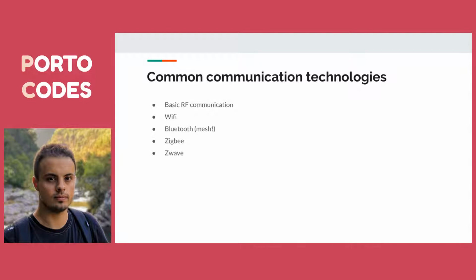If you have a house with 40 sensors and 30 power outlets, which is not that much if you automate your whole house, the Wi-Fi network will probably not be that good for it. I've not tested, but from what I read, Wi-Fi is not made for home automation. Also, it is not the best thing for sensors, which have to work on a battery. Let's say you have a small sensor with a battery. Wi-Fi consumes more than these two, for example.